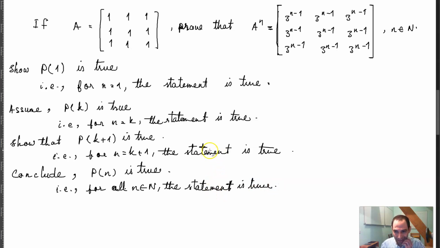So now let's do that. Step number 1, you want to show that P of 1 is true. You can use this statement in order to verify whether P of 1 is true.